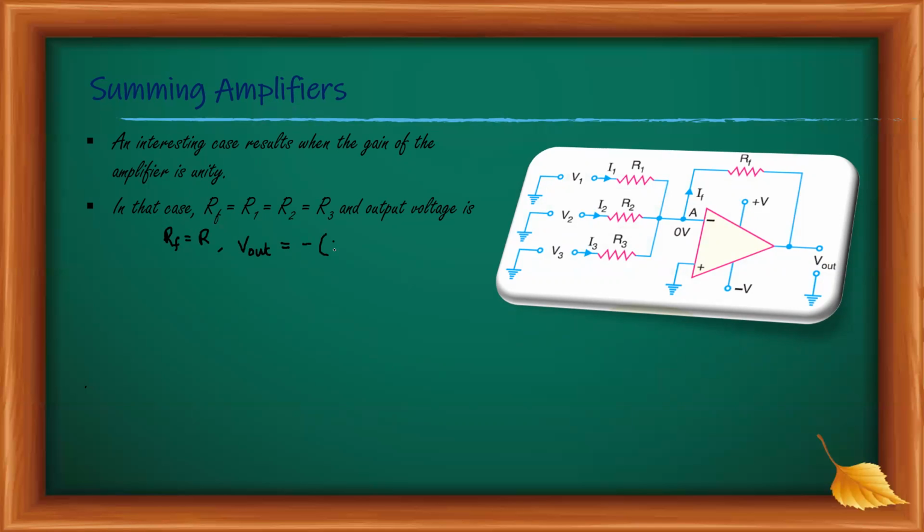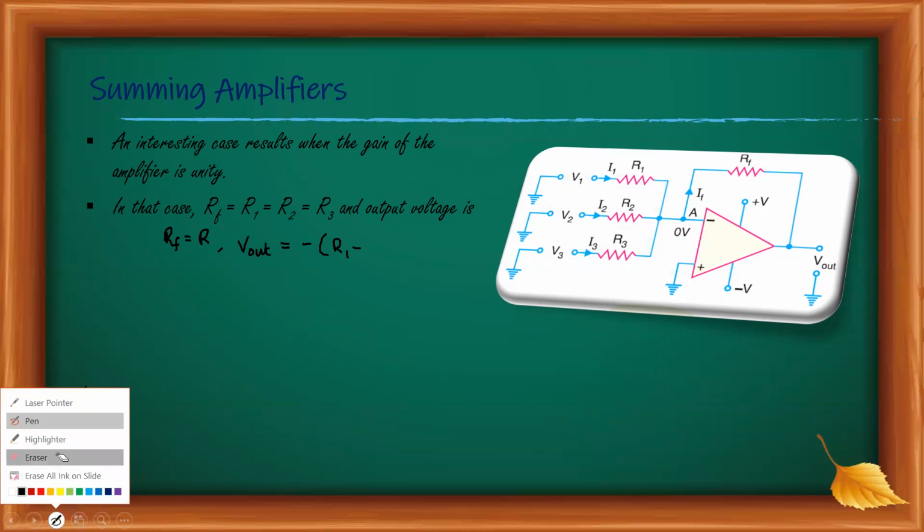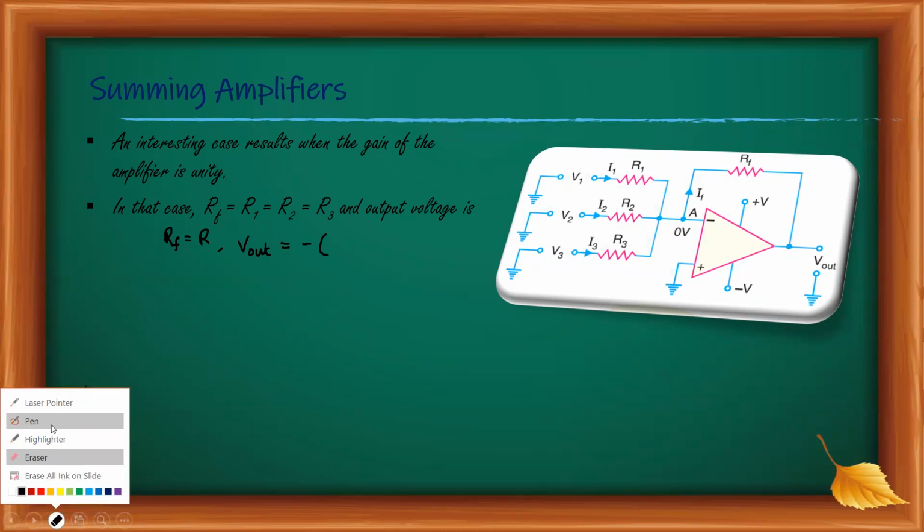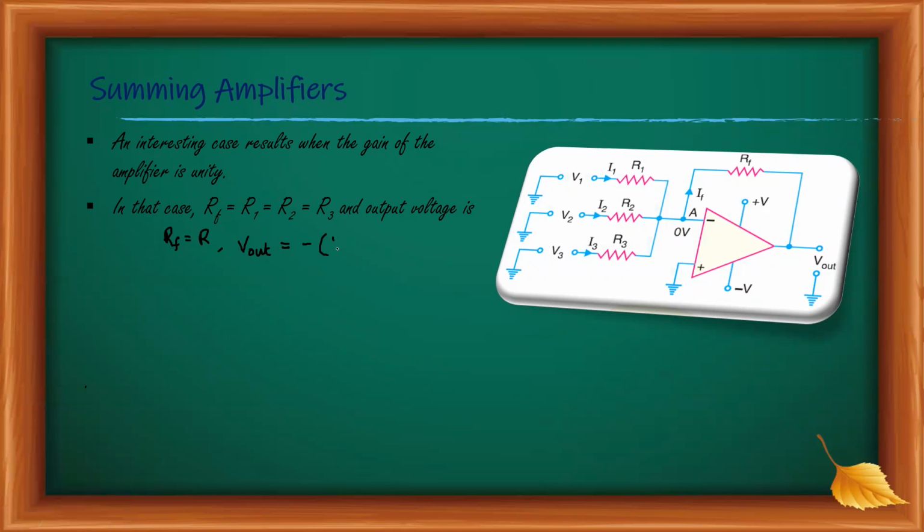Minus of V1 plus V2 plus V3. So V out is equal to negative of the sum. Okay.